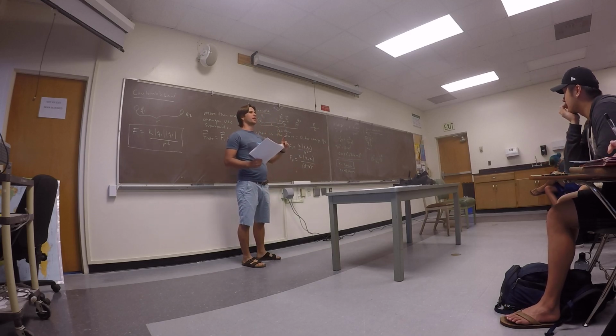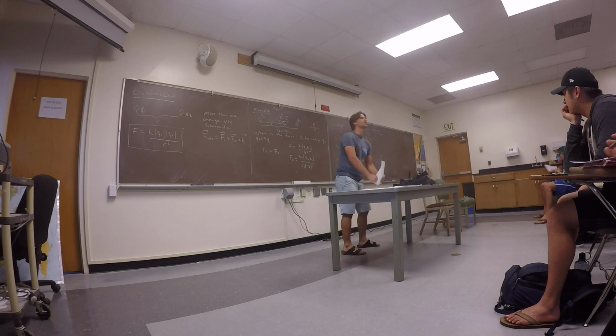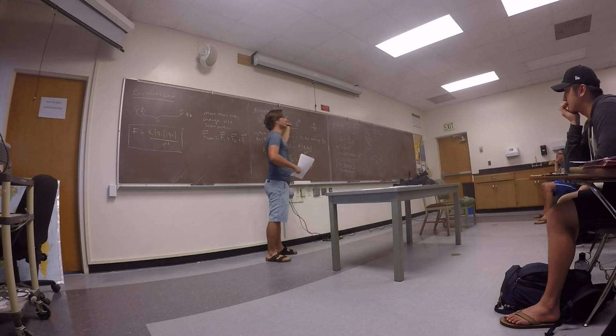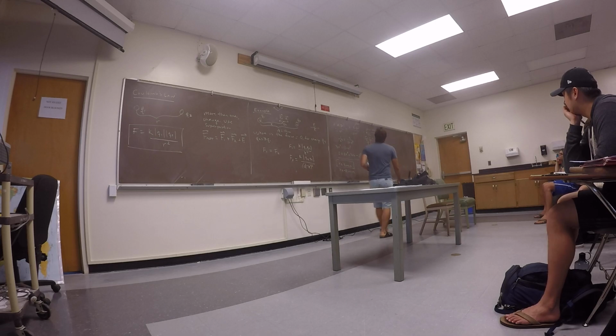But it's just another step that I didn't want to do. I just knew that at this point the magnitudes of these are equal. Forget the vectors. I just set them equal to each other. Okay. So that would be another example.